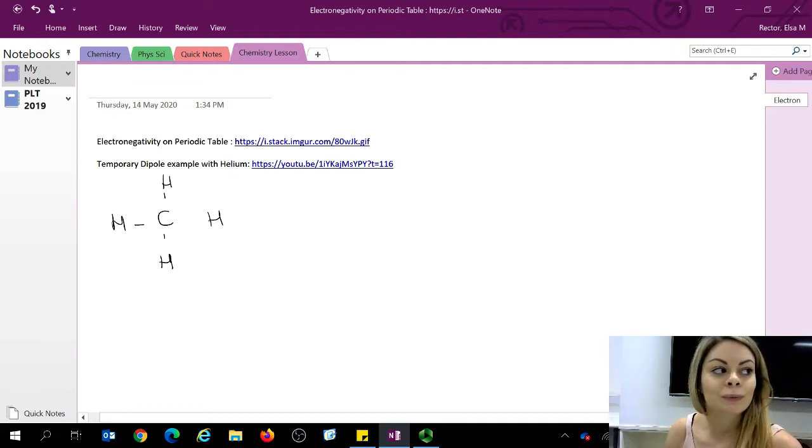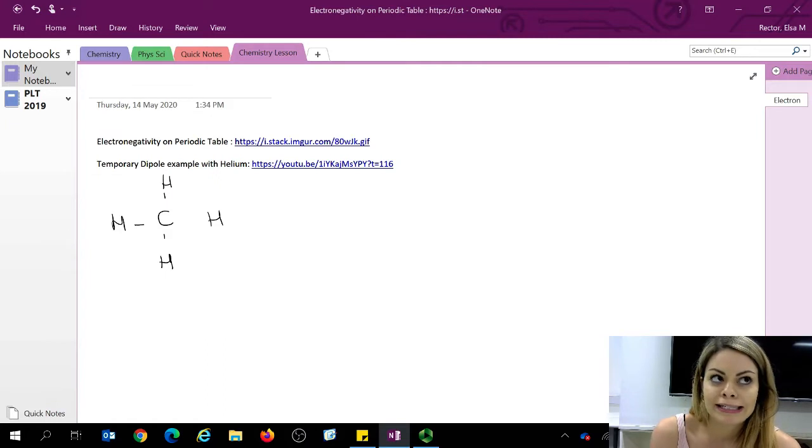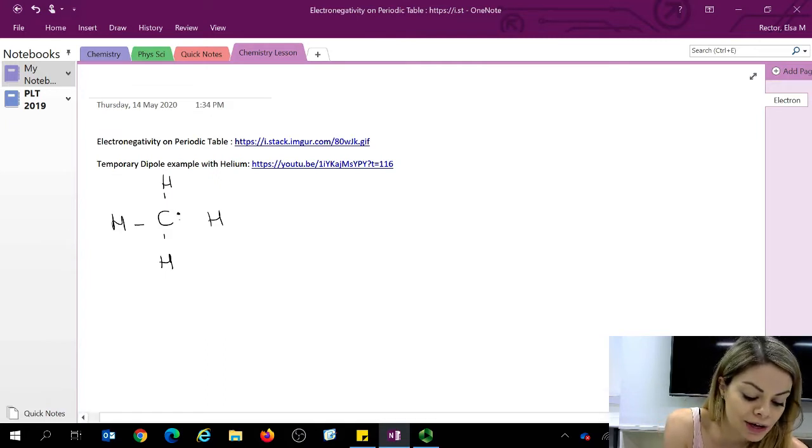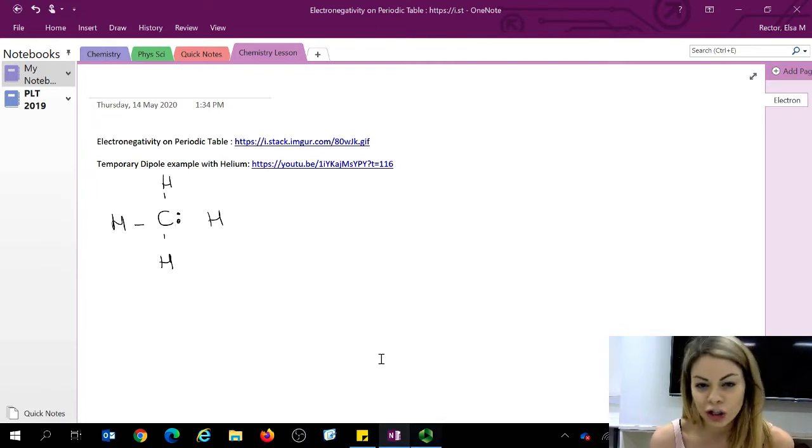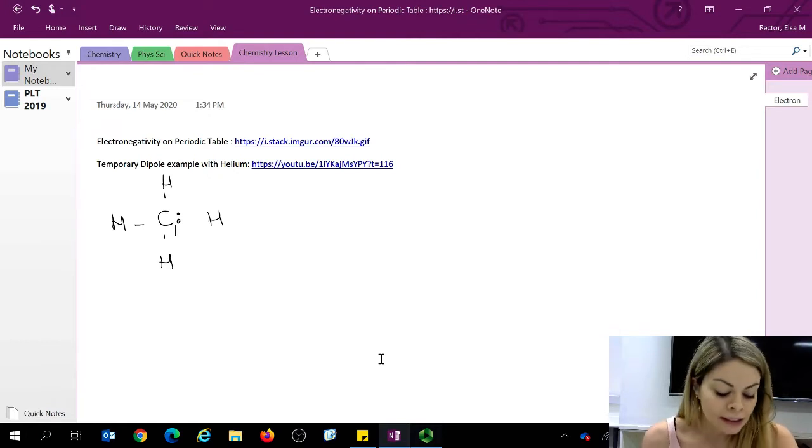Now, what happens is if at some moment the electrons shift, let's say closer to the carbon. So electrons are negative, so the negativity there is closer to the carbon, which means that the hydrogen is slightly positive, I suppose, relative to the carbon, just for a moment, because the electrons are constantly moving around, okay?